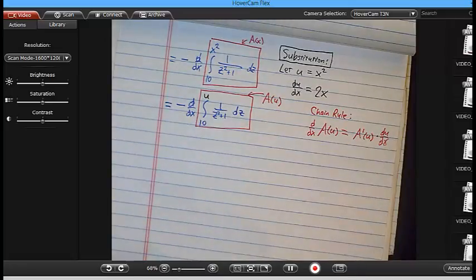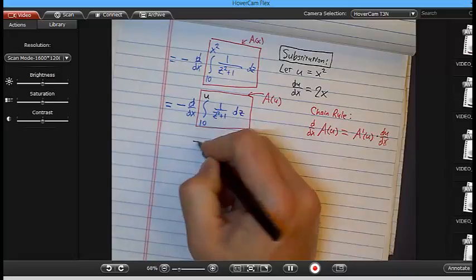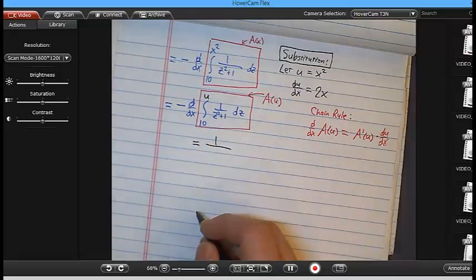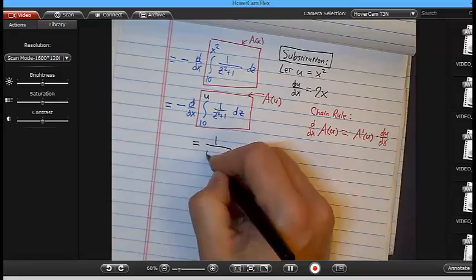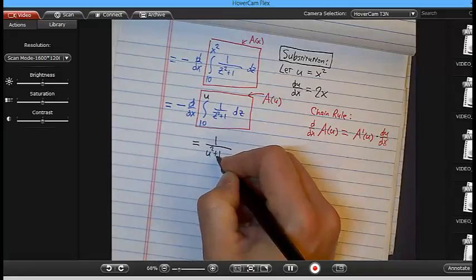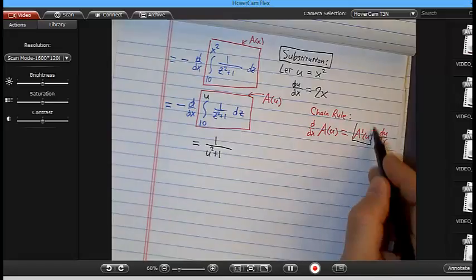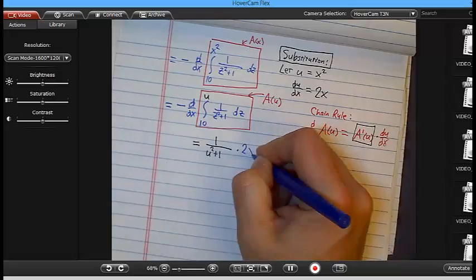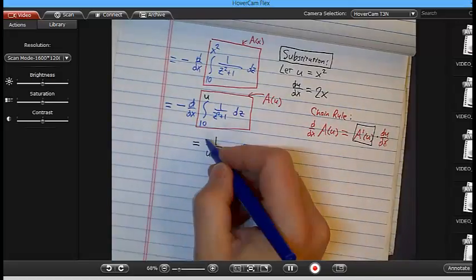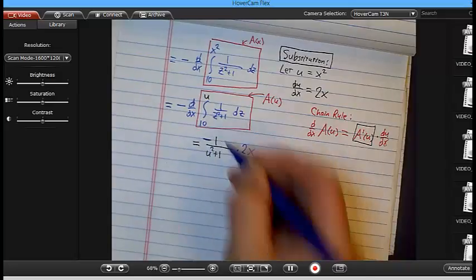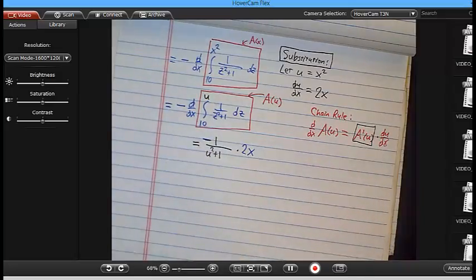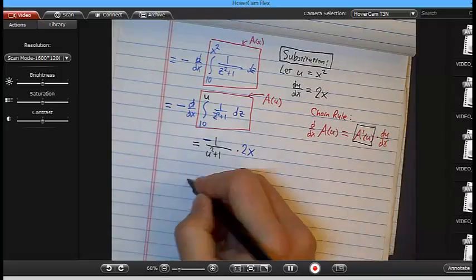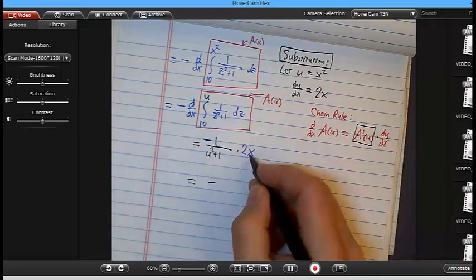And so I claim that our answer is equal to 1 over u squared plus 1, that's this piece, times what? Times 2x. Oh, and then I had a negative out front. Don't forget that negative. Negative 1 over u squared plus 1 times 2x. If you check back at the book on this one, final answer, they would probably put the negative up top in the fraction, and the 2x up top.